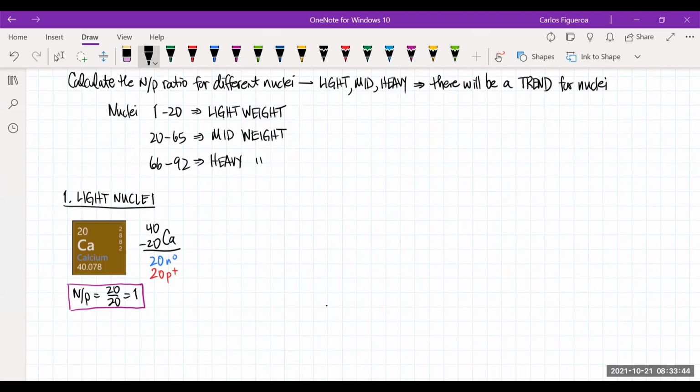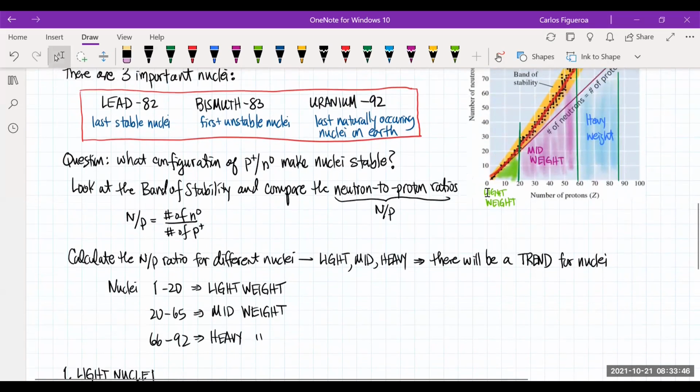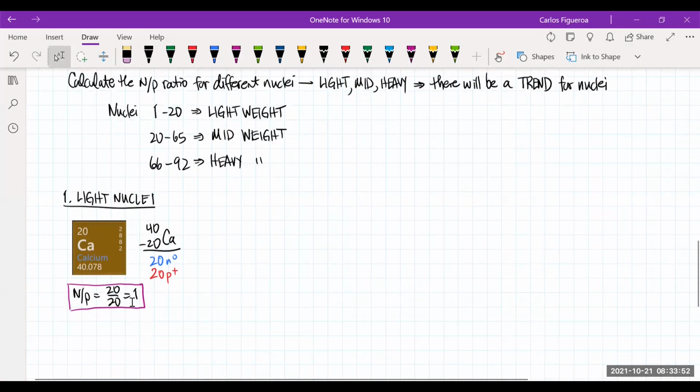That means for any light nuclei like this, the NP ratio says that the number of neutrons and protons are equal. So light nuclei usually have equal numbers of neutrons and protons.